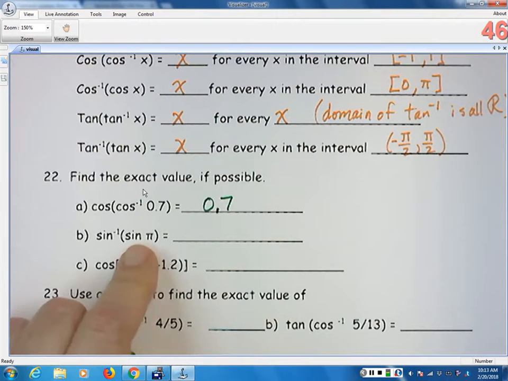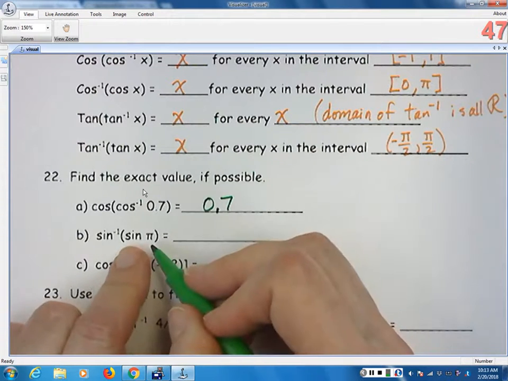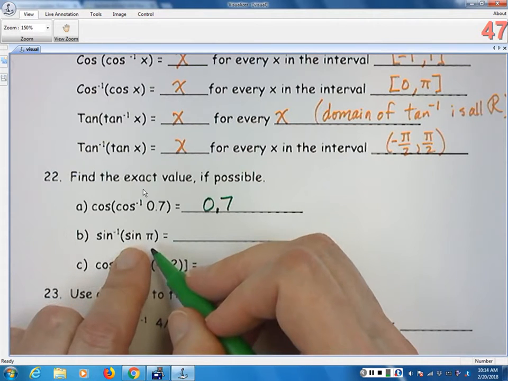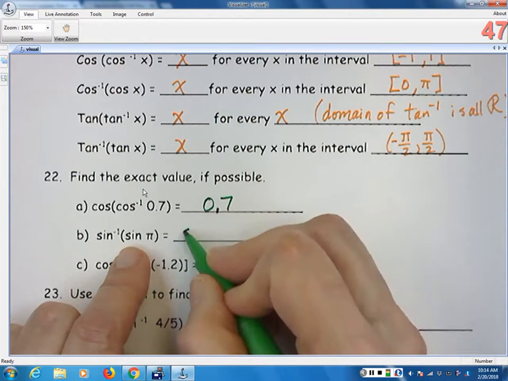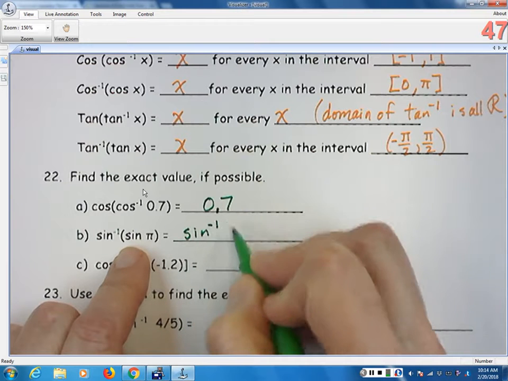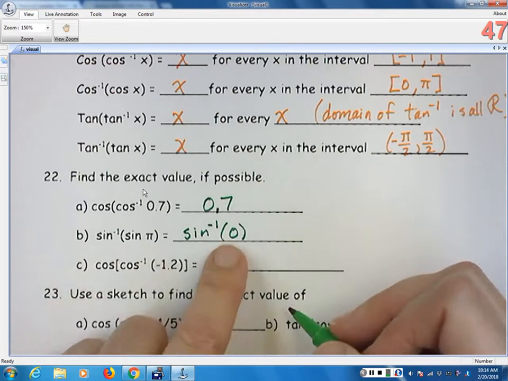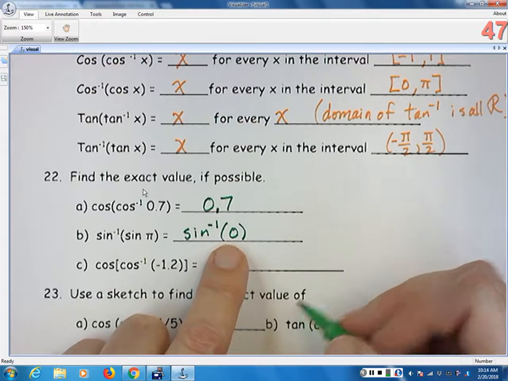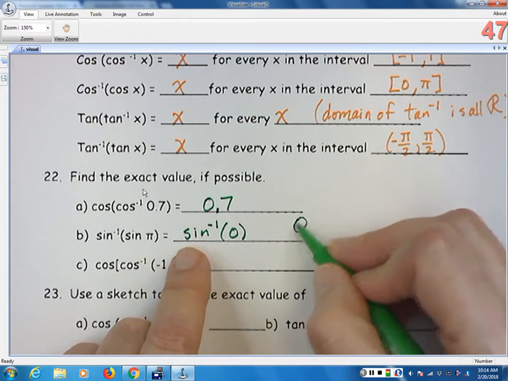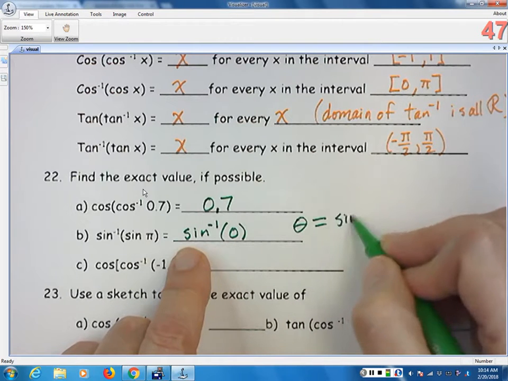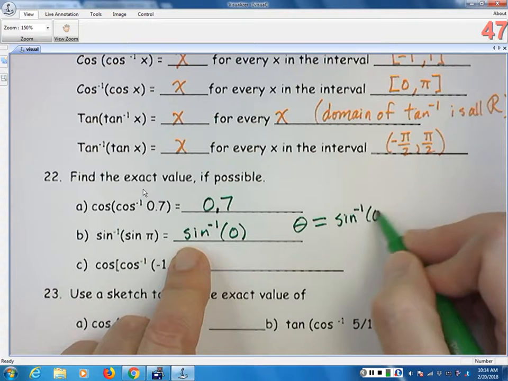Okay, what about this one? We take the sine of pi, that's 0, so we get sine inverse of 0, and we write theta equals sine inverse of 0.